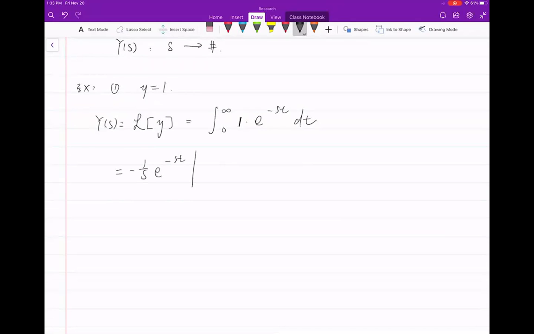You want to plug in 0. You want to plug in infinity, which you couldn't, but you can take the limit. This minus 1 over s, because if you plug in 0, of course you get 1 for the whole thing. This term is nice.